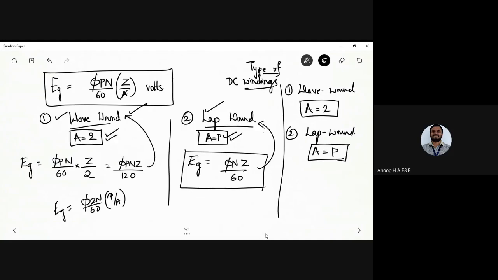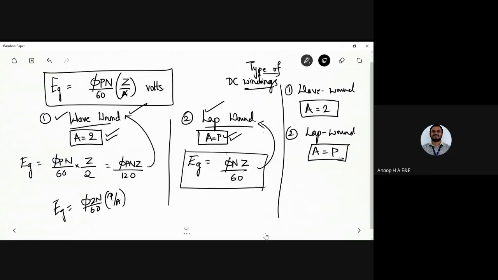You can write it in different forms, so practice this derivation more and more so that you understand it better.